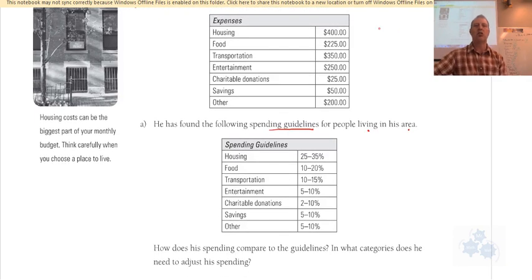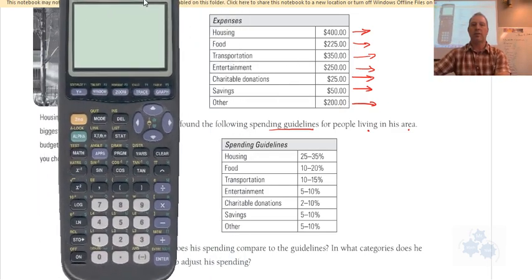So I guess what we need to do is convert each of these to a percent. How we do that is we first find the total, and then we do that division. So let's go ahead and start this. Let's figure out what the total is here.